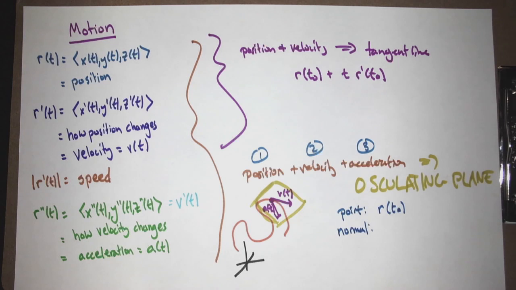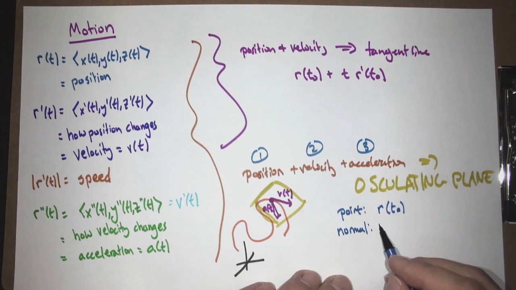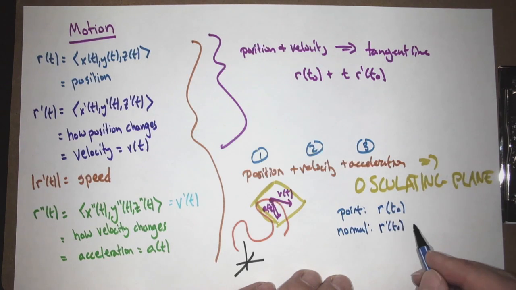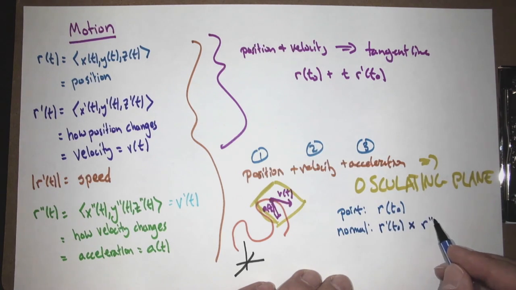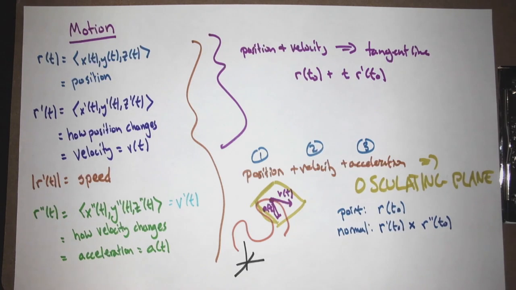How do we get the normal? Cross product, because we have two vectors that have to be in our plane. We've got that velocity vector, we've got that acceleration vector. So if we have two vectors that are in the plane, the cross product will give us a vector that's perpendicular to both. In particular, that's the normal to the plane. So this is our r prime of t0 cross our r double prime of t0. This cross product makes normals.